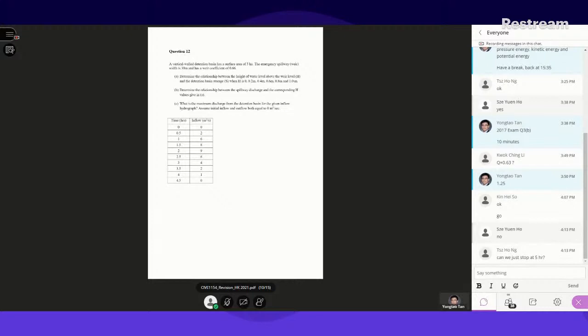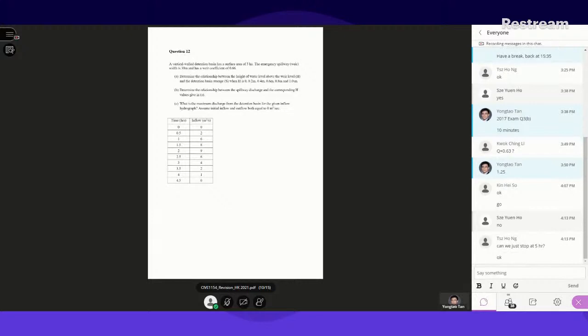But if the question asks you to plot the outflow hydrograph, you need to continue until the outflow rate is 0. Is that clear? Okay, good.